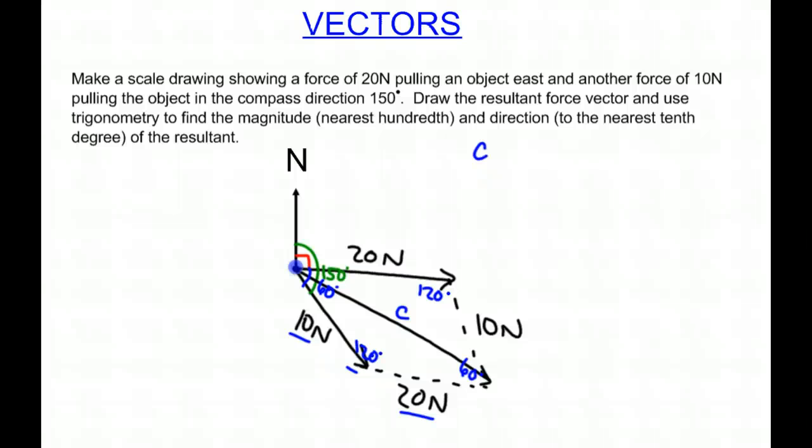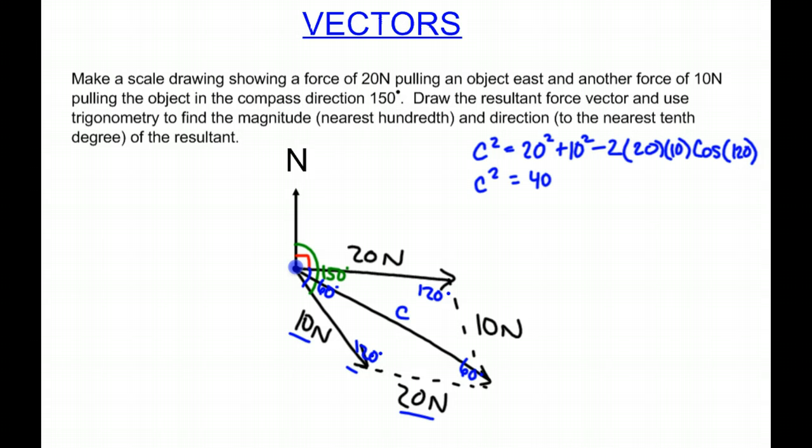So we're going to say, okay, c squared will equal 20 squared plus 10 squared minus 2 times 20 times 10 times cosine 120. And we're just going to simplify this down. So we get 400 plus 100 minus 400 cosine 120.